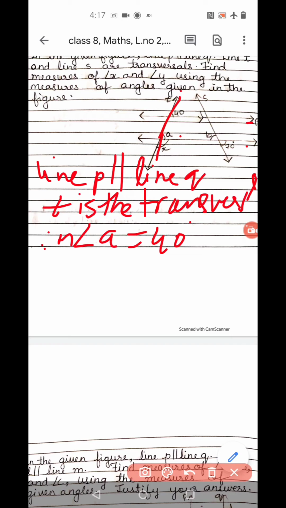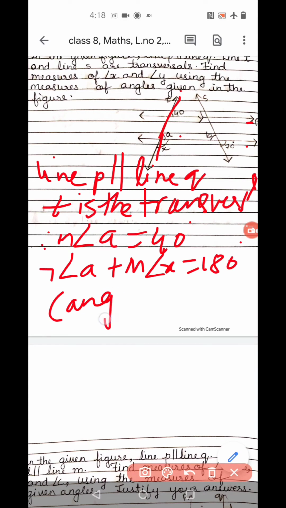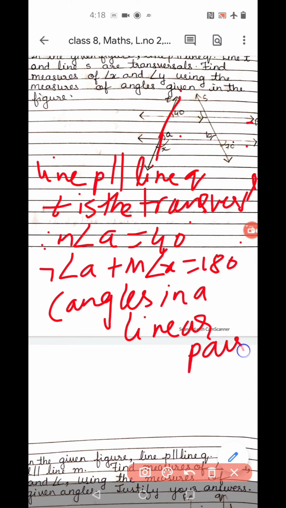Now we know that measure angle A plus measure angle X will be 180 degrees. Why? Because these are angles in a linear pair.